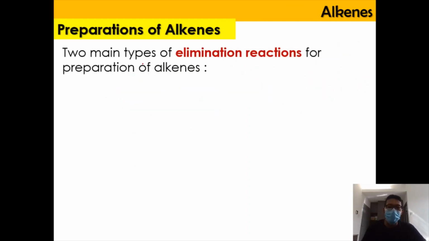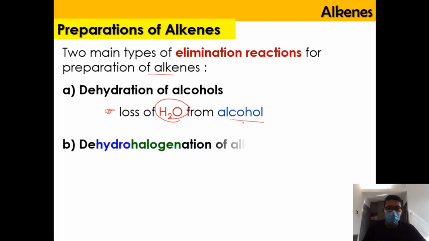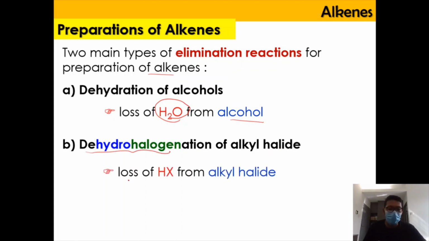So there are two main types of elimination reaction in order to prepare alkene. First, we have the dehydration of alcohol, where dehydration of alcohol means that we're going to remove H2O from the alcohol compound. Second, we can do the dehydrohalogenation of alkyl halide, which means that it removes the HX, for example HCl, from the alkyl halide.